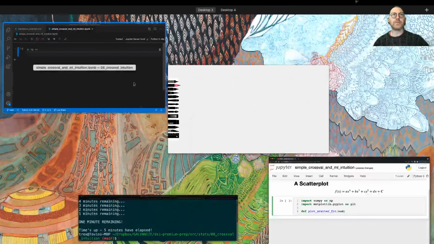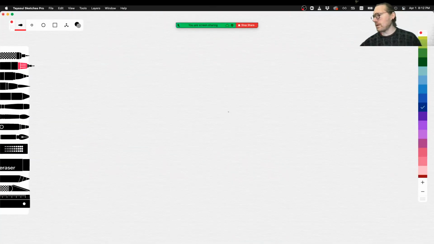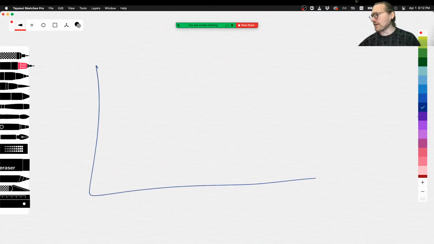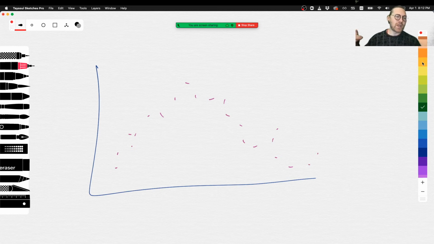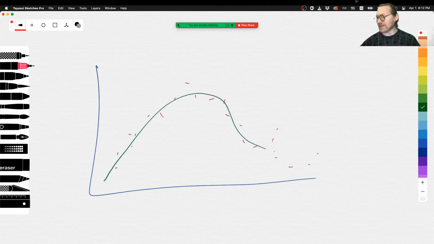Essentially, I am going to generate a bunch of points in a plot, and then use a built-in machine, just using a basic regression, that's built into NumPy. We're going to try to draw a line in that scatter plot.